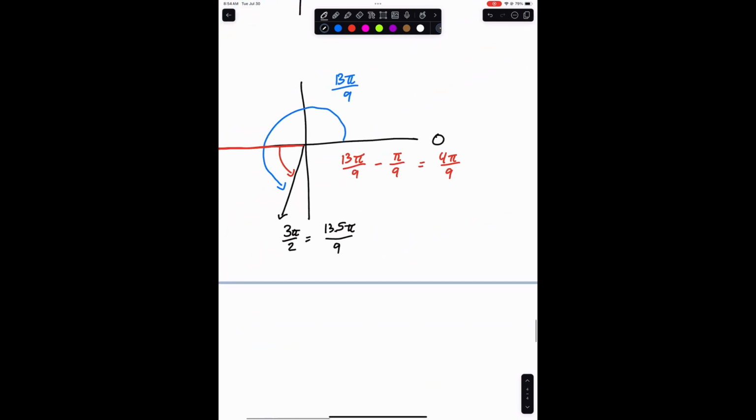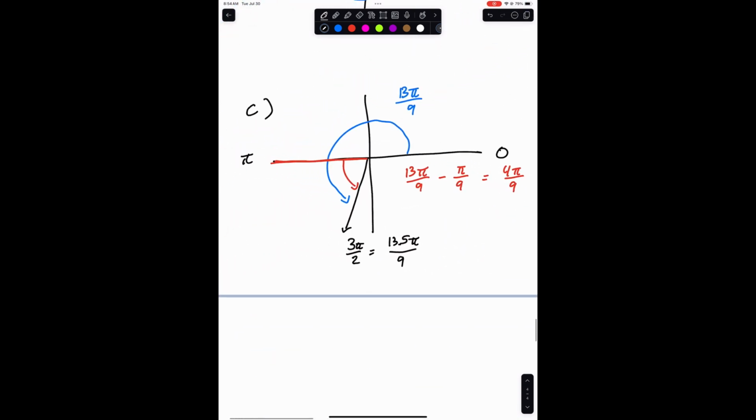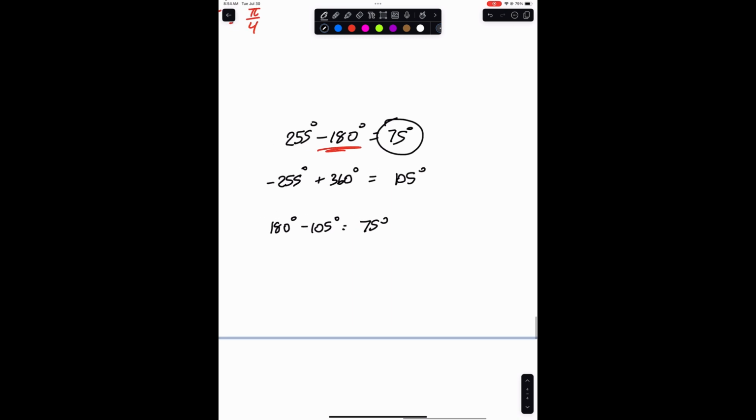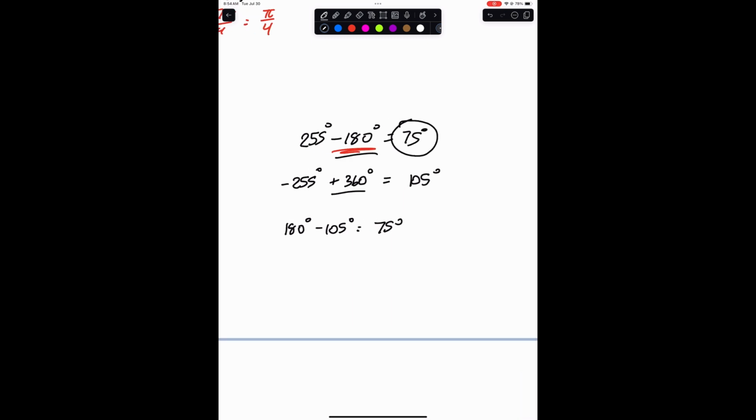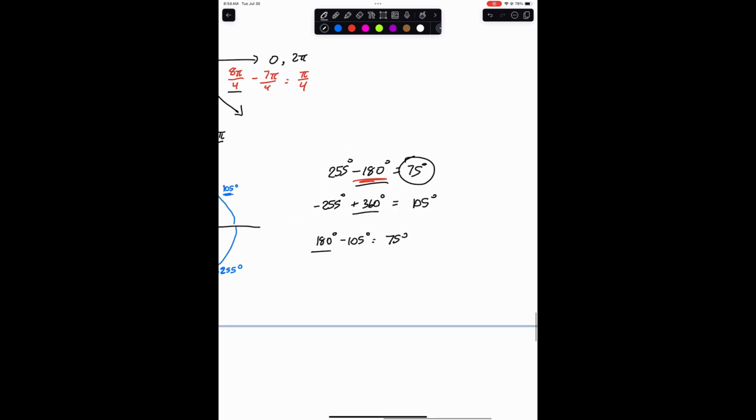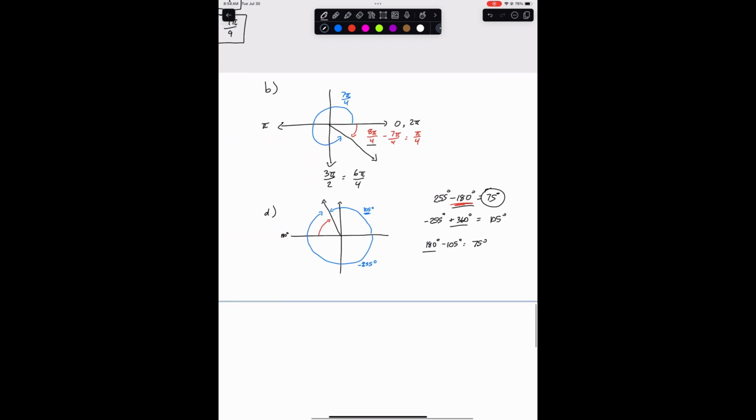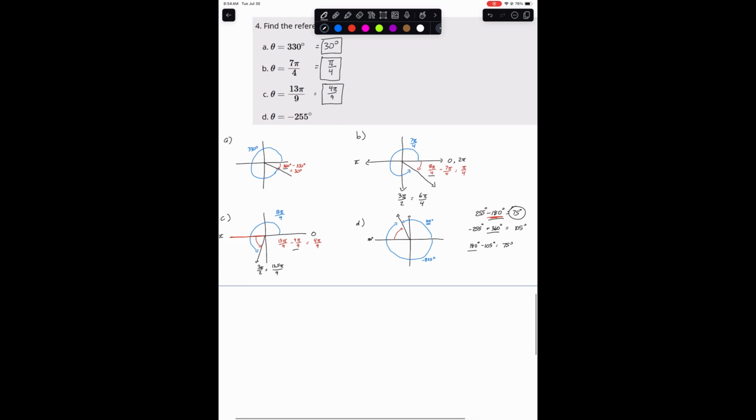It should be 9 pi over 9, sorry. This is my 180. 180 again is my 360, 180. So it's a lot of adding or subtracting from 180 and 360 to get the reference angle. Okay. So the answer for part D is 75 degrees.